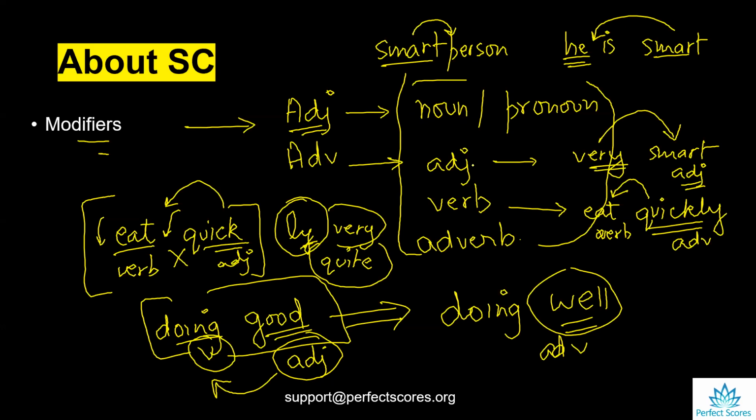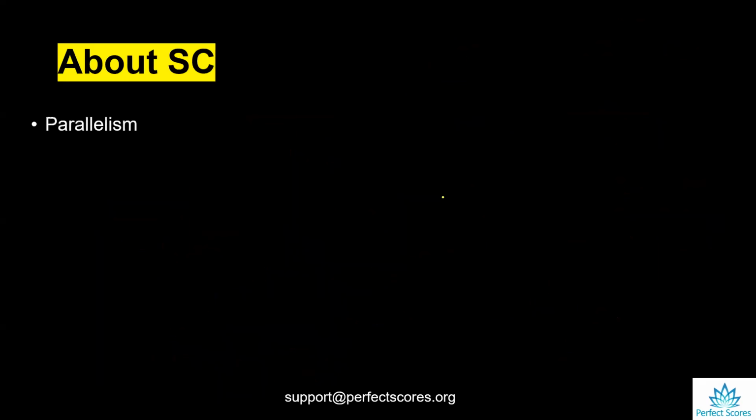You don't have to read each option, just see if there is an error, and you simply eliminate that option even without reading it. Right? So that is something that you can only do in sentence correction, because in critical reasoning and reading comprehension, you have to read each option in detail. So that is what we will be discussing when we come to modifiers.